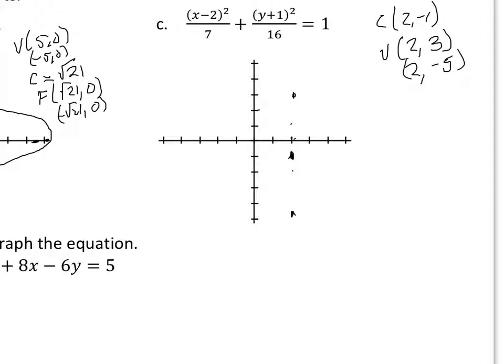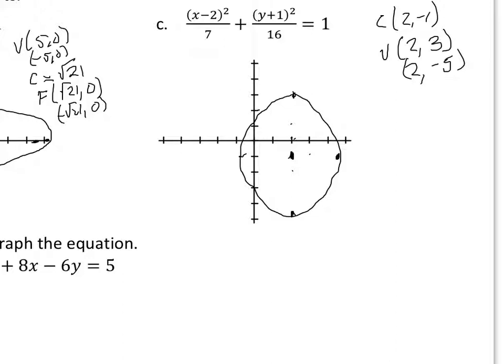Now how far do we go in the horizontal direction? Root 7, right? Which is 2 and some change, like 2.6, 2.7. So we go 1, 2 and some change, 1, 2 and some change. And there's our ellipse.